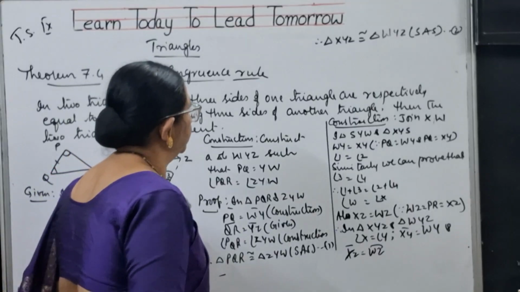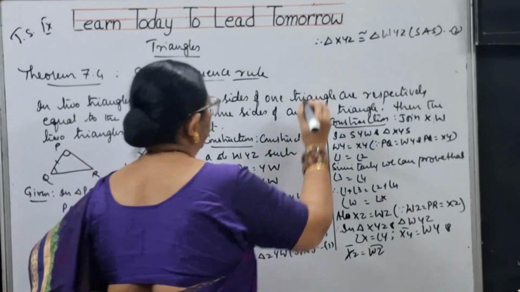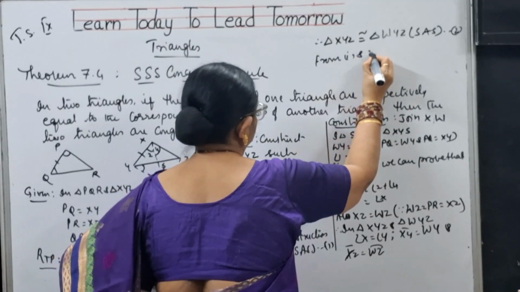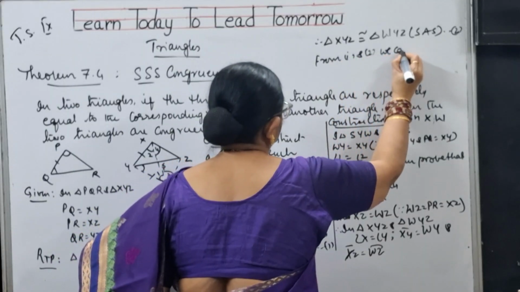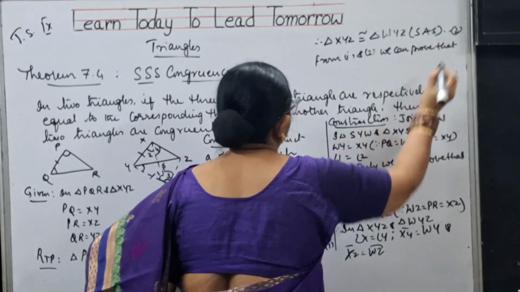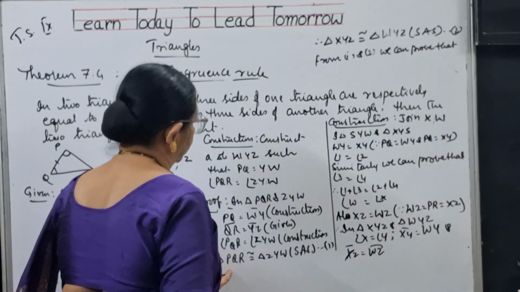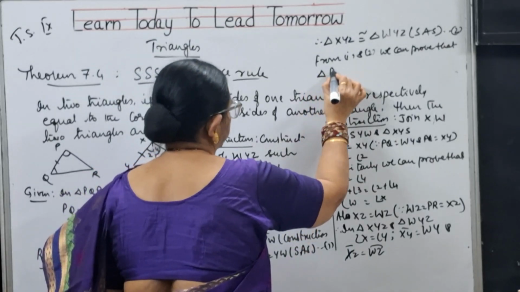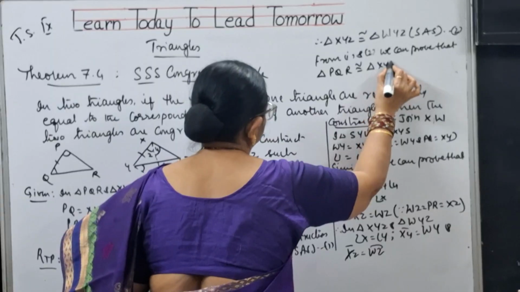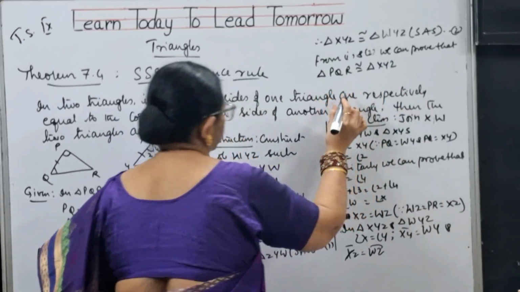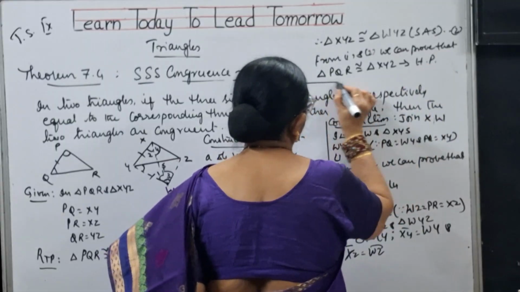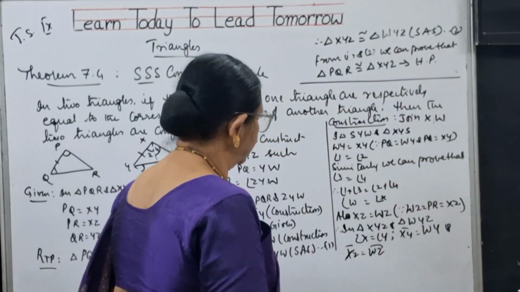ZYW or YWZ is the same. So from 1 and 2, we can prove that triangle PQR is congruent to triangle XYZ. This is hence proved. This is the proof of this theorem, children.